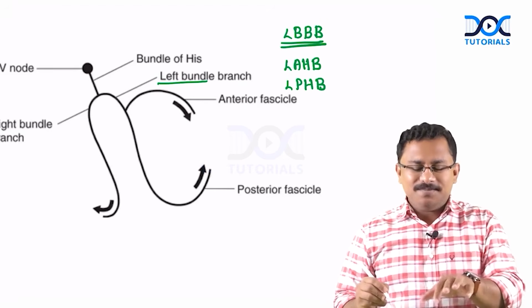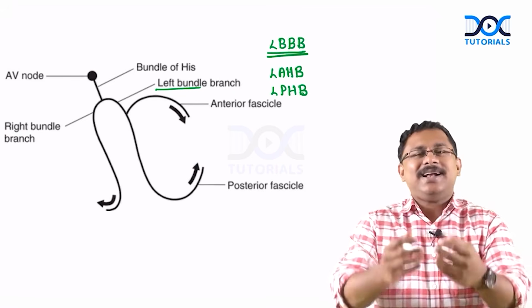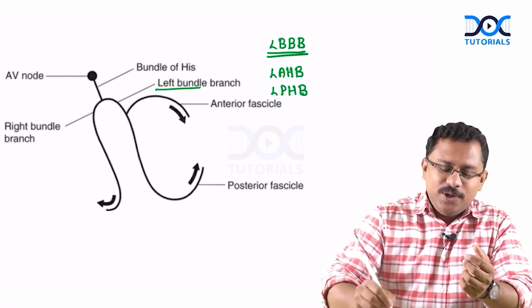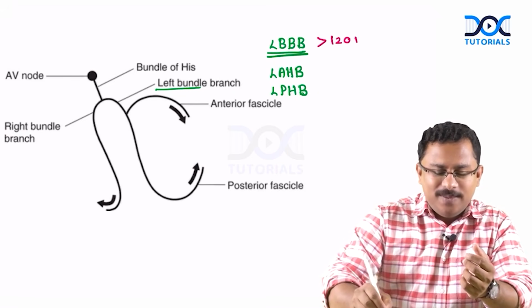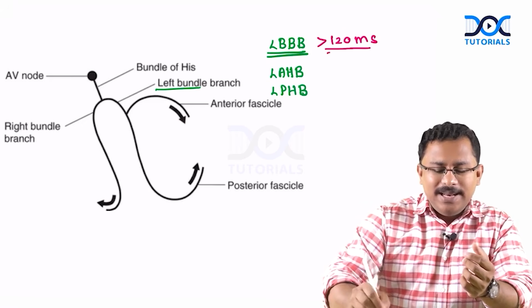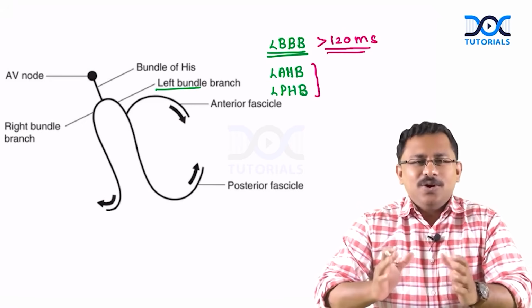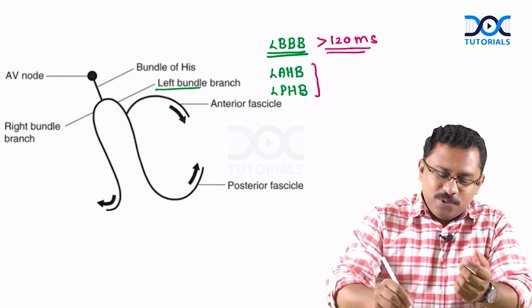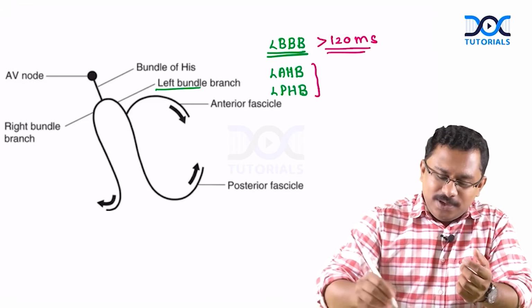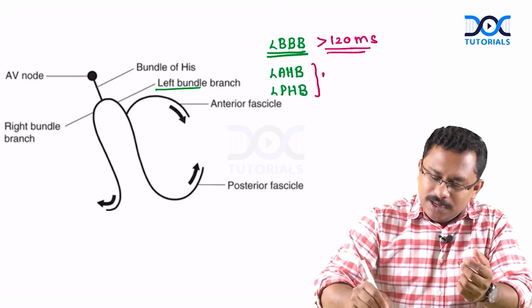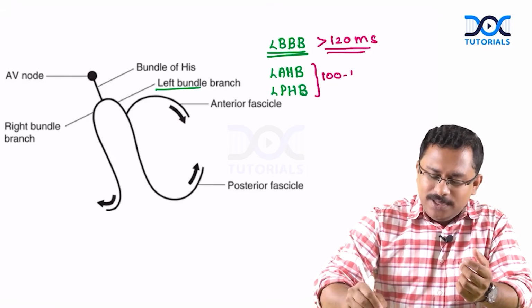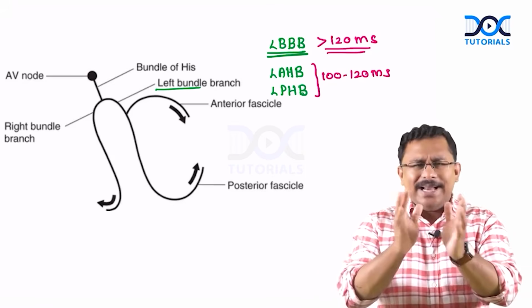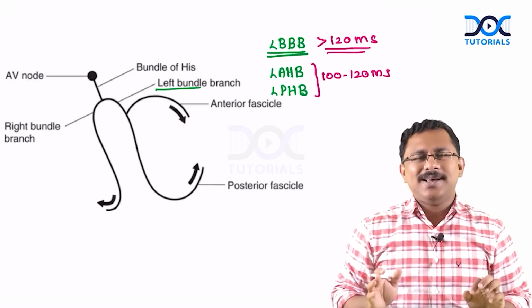When you have an LBBB, just like RBBB, the QRS duration will be more than 120 milliseconds. But in the hemiblocks, you get partial LBBBs, so the duration may be in the range of 100 to 120 milliseconds, because roughly 80 to 100 is normal.